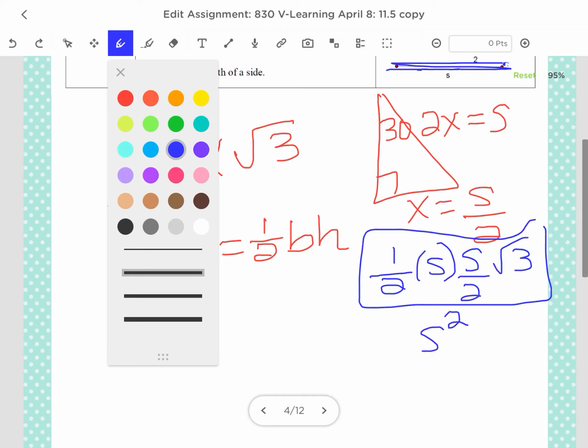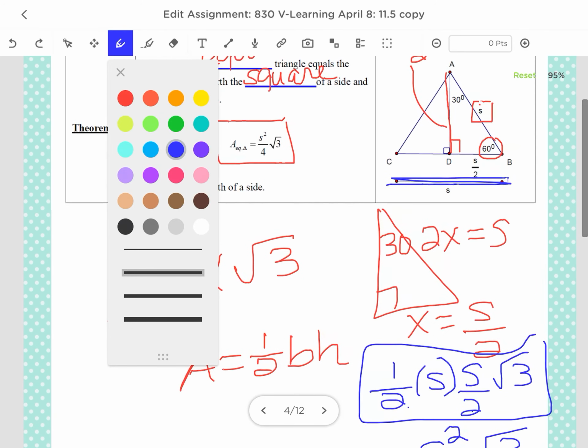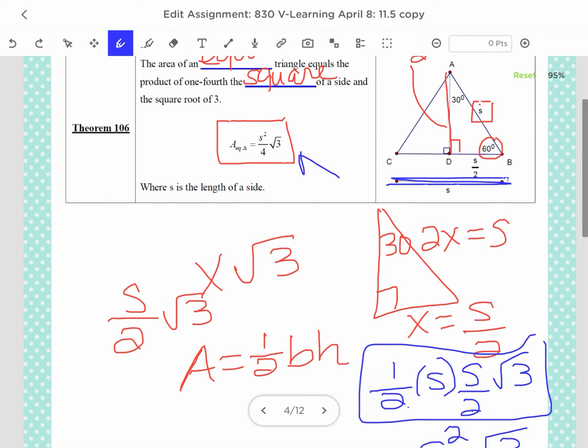We know that 2 times 2 is 4 when you're multiplying fractions, so we're going to multiply the 2 and the 2. And then the root 3 is just going to stay multiplied by root 3. So that is equivalent to the formula that we've looked at up here.